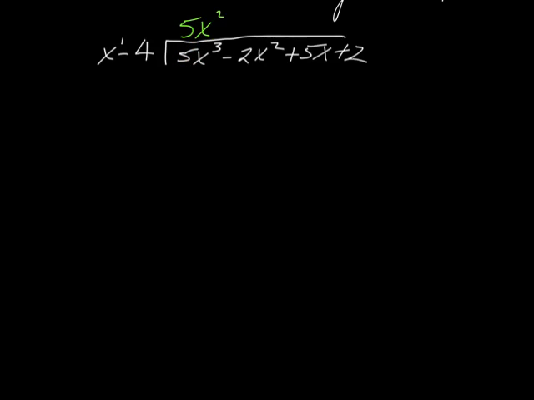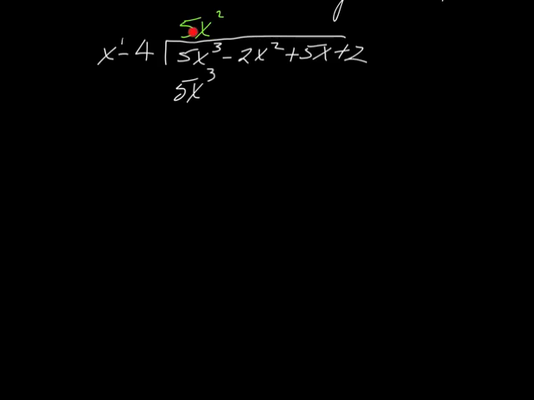Then we multiply this 5x squared, just like regular division, times x to the first. 5x squared times x to the first gives us 5x cubed. It will always give us exactly what is above it. If it doesn't, then you did something wrong. 2 plus 1 gives you the 3.